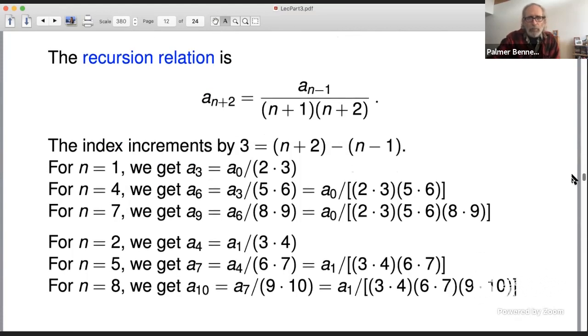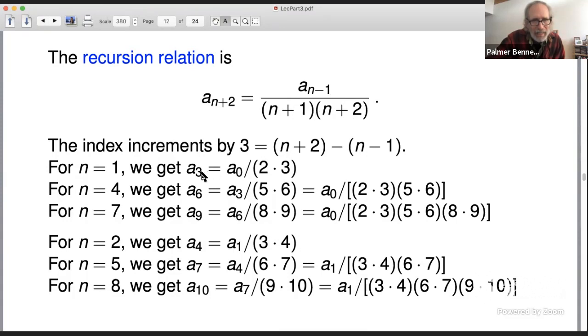Okay. So the idea is to do the same type of thing that we did in the previous example. Starting with a naught is going to be when n is equal to 1. So if we plug in n equals 1, we'll get a3 is equal to a naught over (1 plus 1) times (1 plus 2).